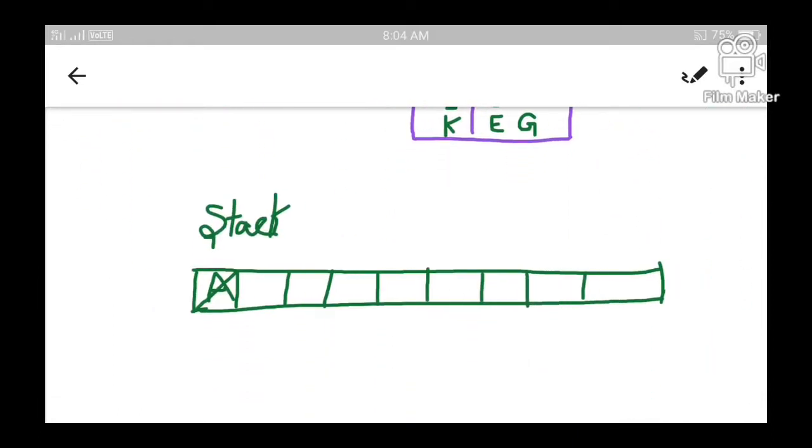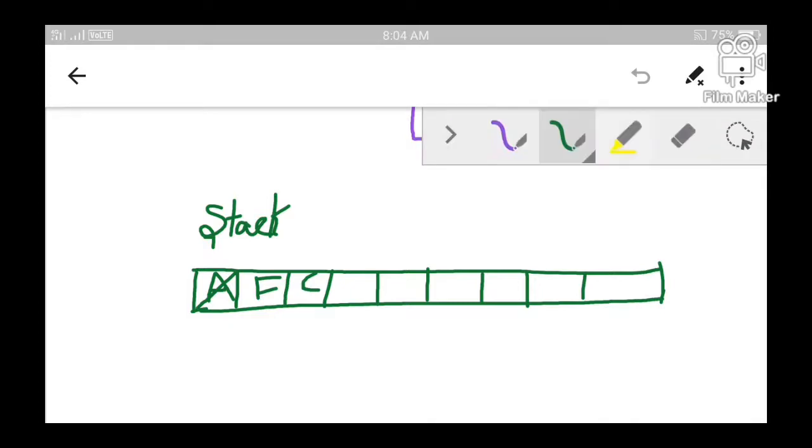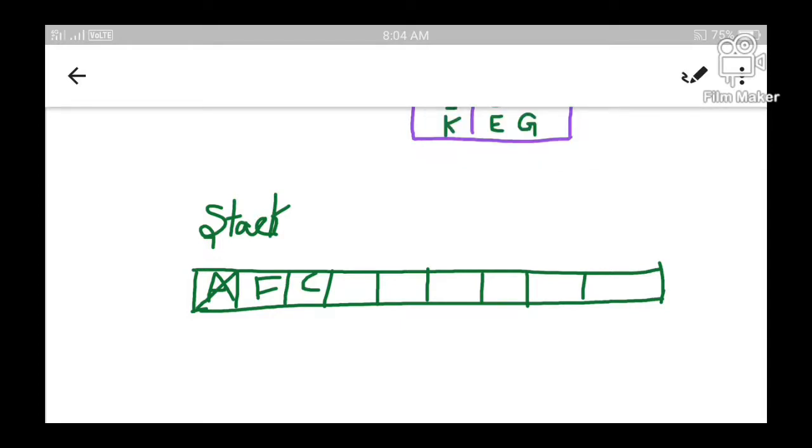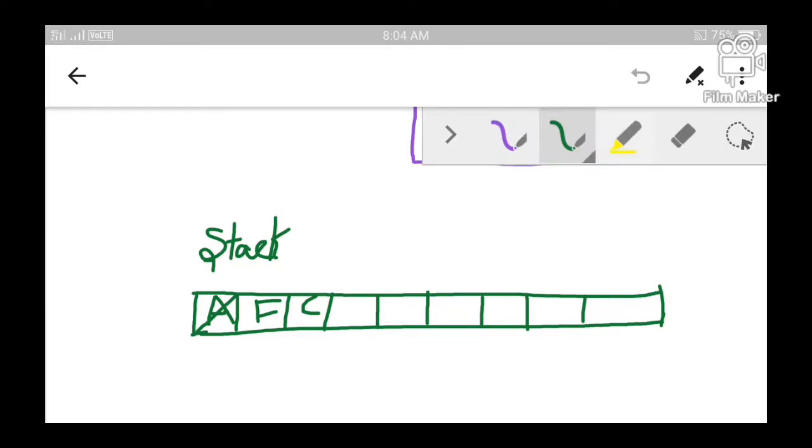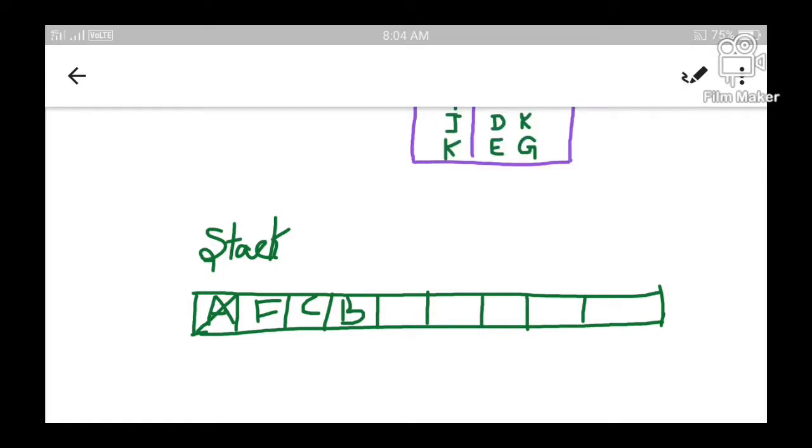So I am going to push F, C and B. Okay, so I have inserted F, C and B onto the stack.